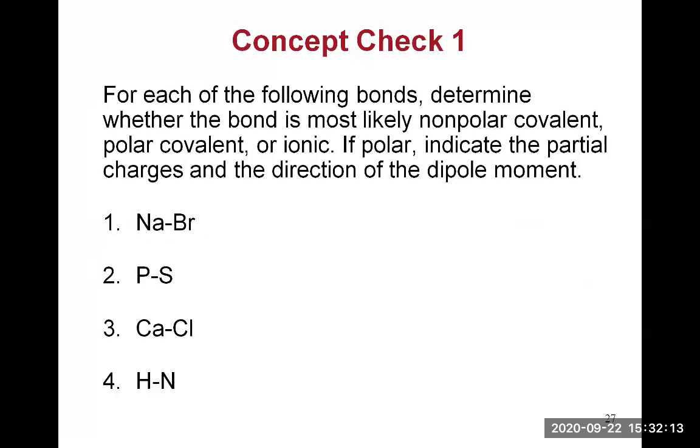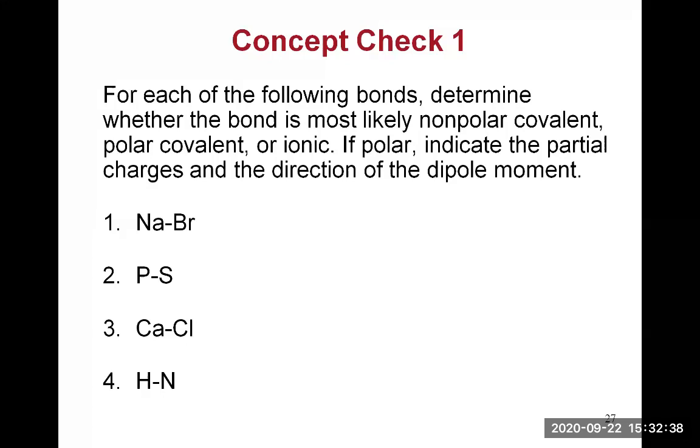You don't do that for pure covalent bonds because there is no reason for it. And you don't do it for ions. It's only for polar bonds. So you can pause the video and do this on your own before you watch the answer, so that you learn to do it on your own.